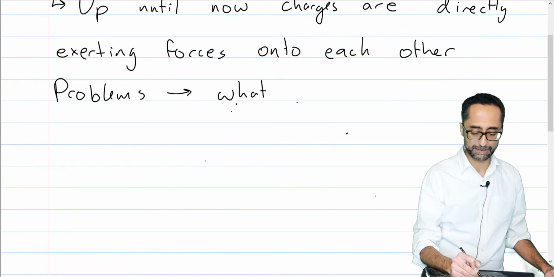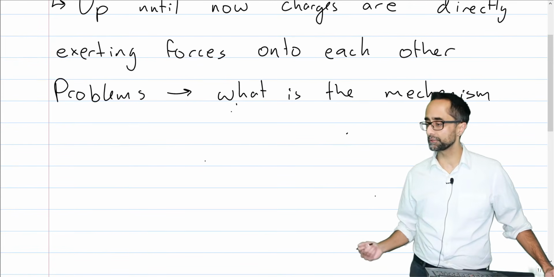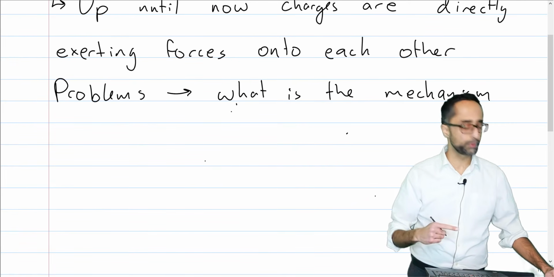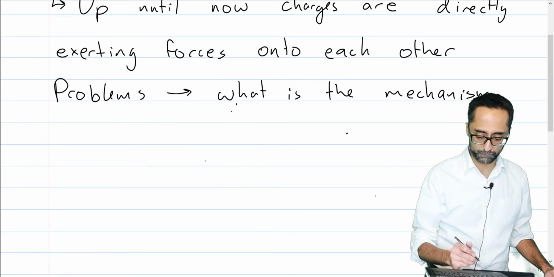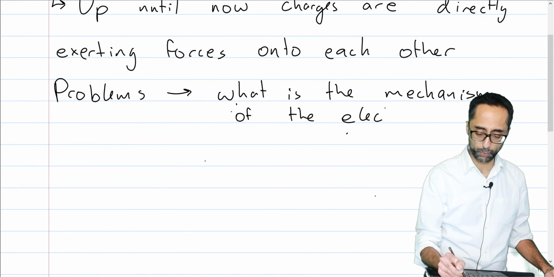What is the mechanism by which the electric force is transmitted? How does the other charge know there's an electric force there and how strong the electric force is and how it gets weaker as we move away from it and all of that kind of stuff?